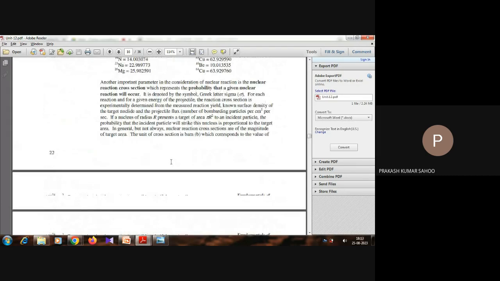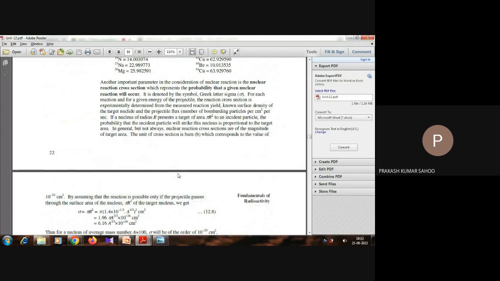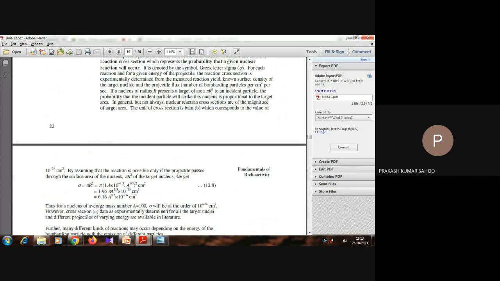Then we have these things. It is also very easy: the aluminium is bombarded with a neutron, and if it releases a gamma particle, the aluminium remains the same. Aluminium is aluminium, but the mass number increases to 28. If it is neutron and proton, it is magnesium.